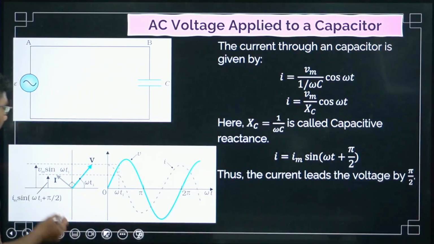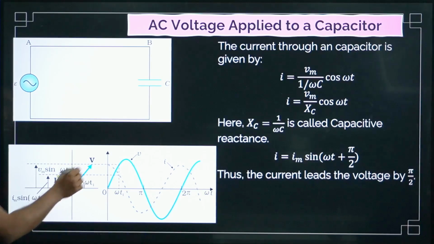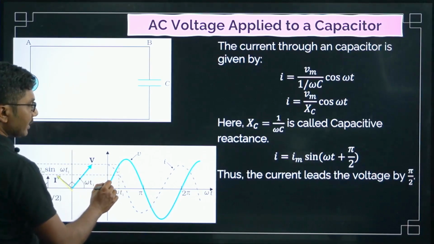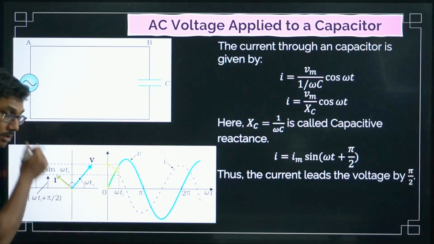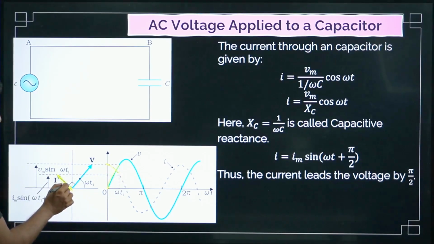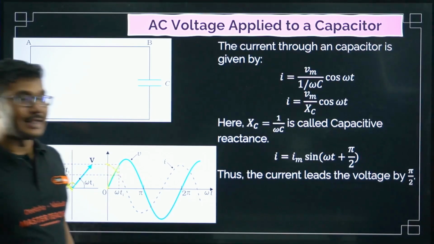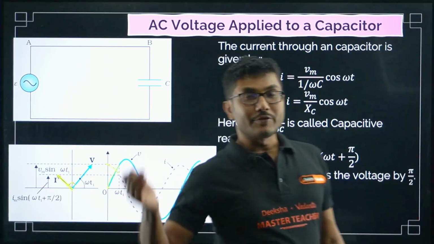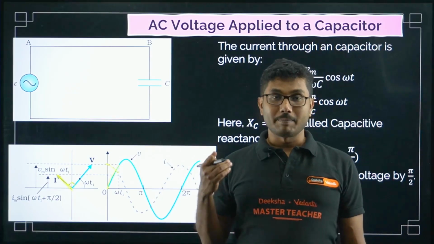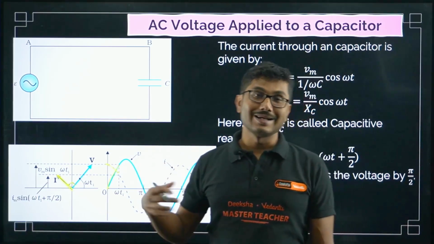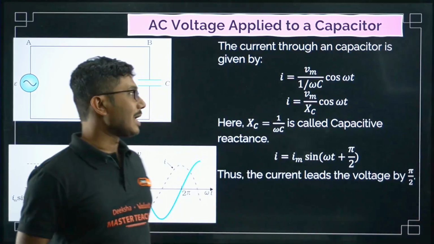In the phasor diagram, as you can see, the current is ahead of voltage. Whenever the voltage is 0, the current is positive and at its maximum. That is why the angle between them is always 90 degrees. In case of inductor, current lags the voltage by pi by 2. In case of capacitor, current leads the voltage by pi by 2.